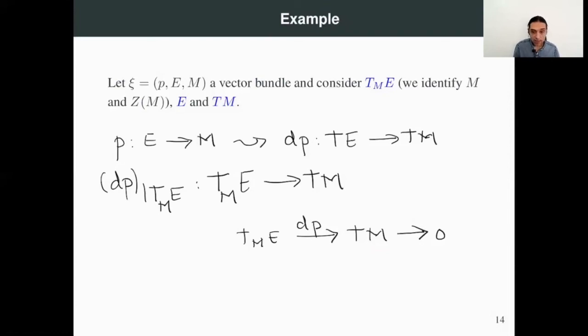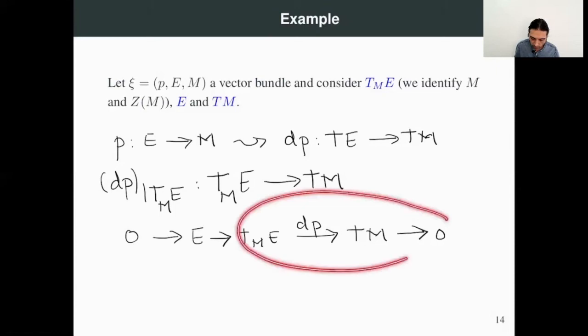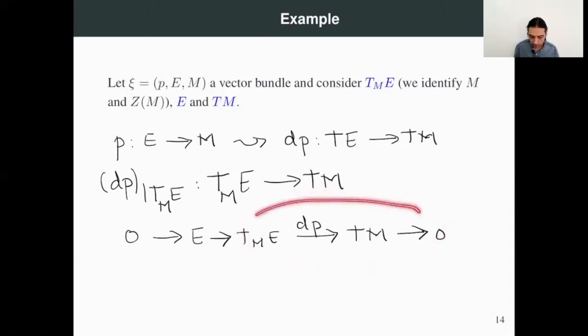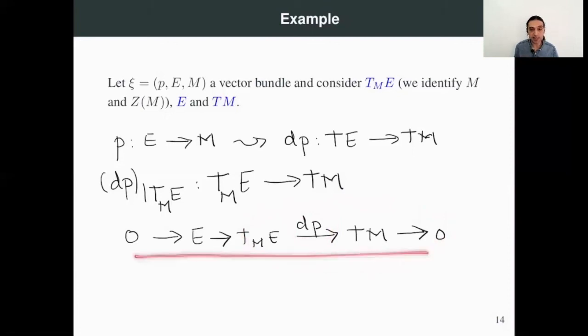Well, we can consider here the vector bundle E. How do we do this? We have here this exact sequence. TP is an epimorphism, and we know that we can actually build a short exact sequence by considering its kernel.